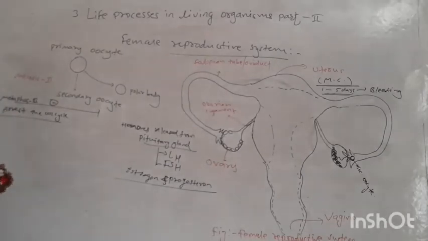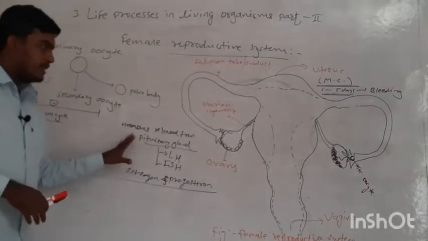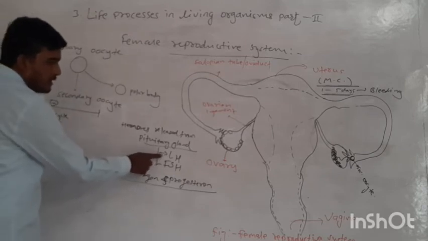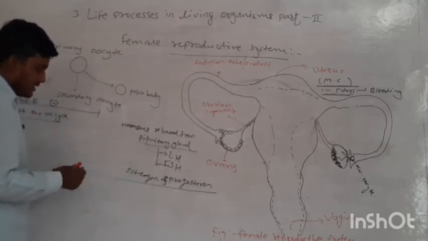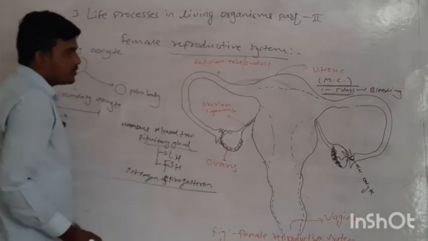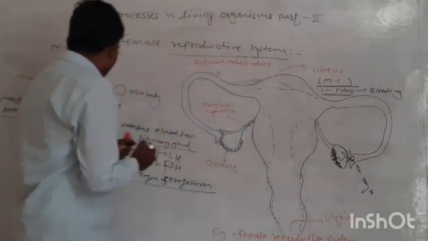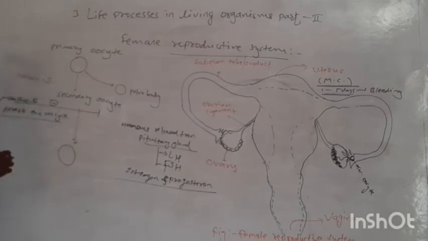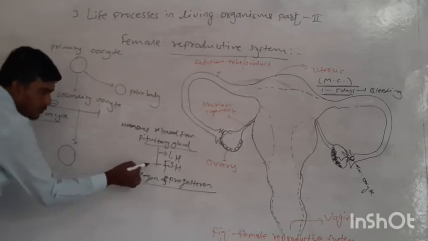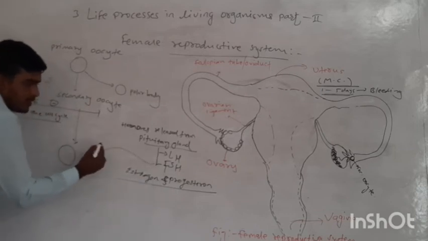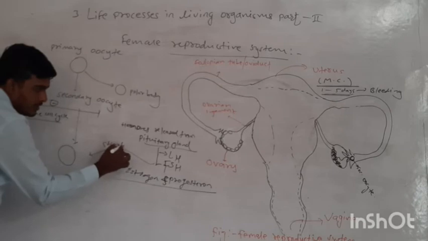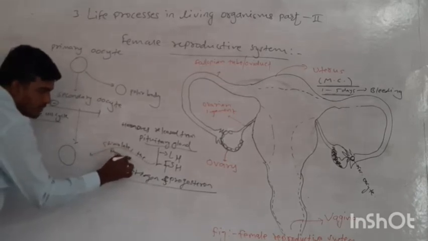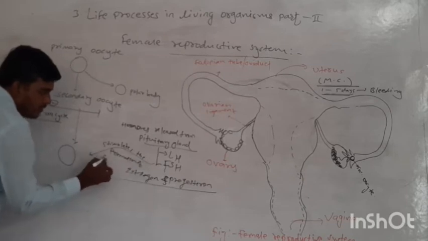Now we have to learn how they work. First of all, these two hormones, luteinizing hormone and FSH, that is follicle stimulating hormone, come to the fallopian tube, and suppose this is a secondary oocyte. In the presence of follicle stimulating hormone, it stimulates the formation of follicles.